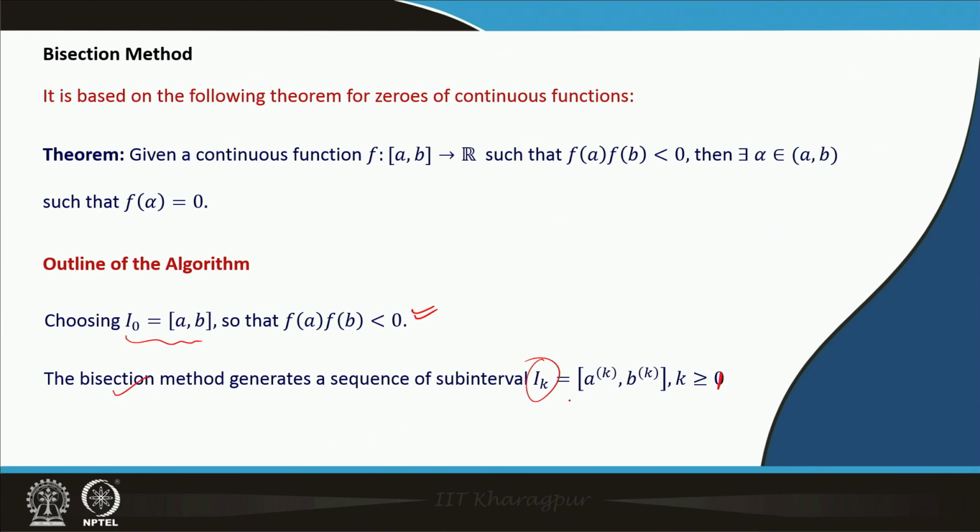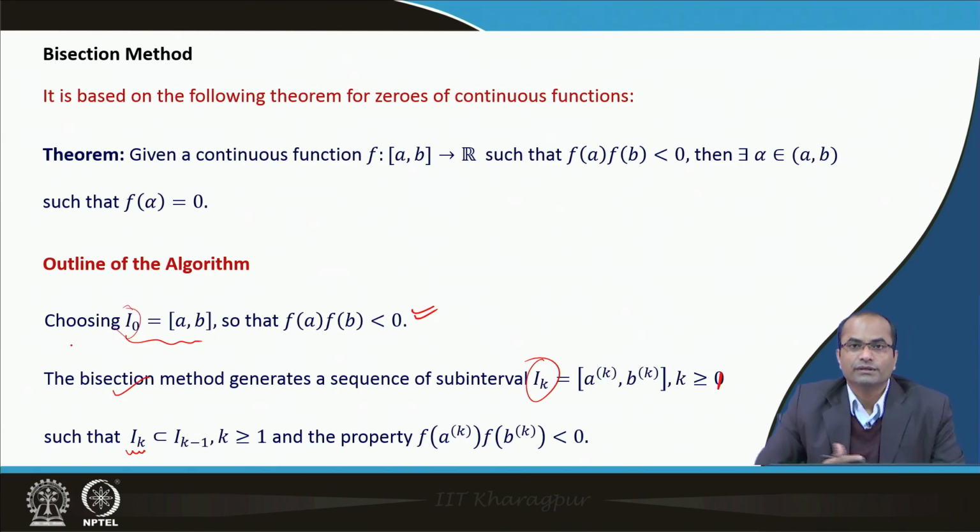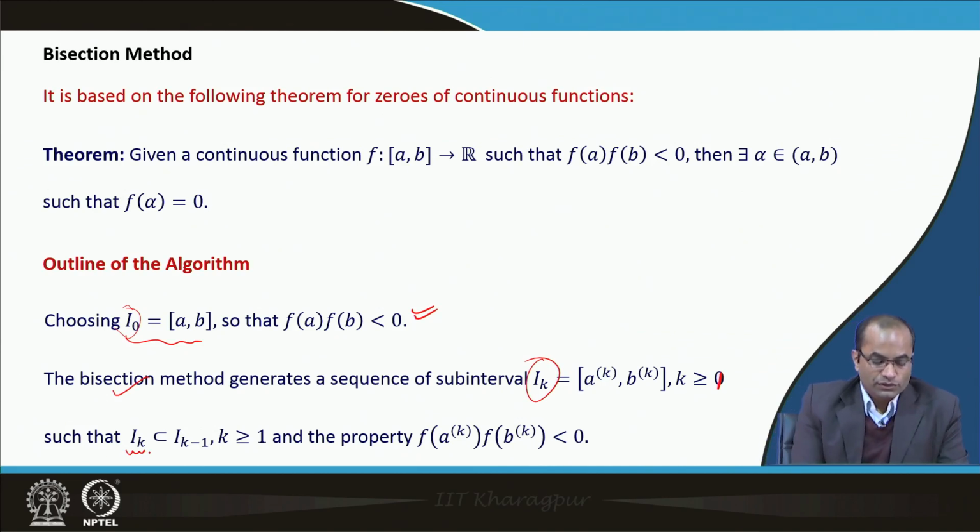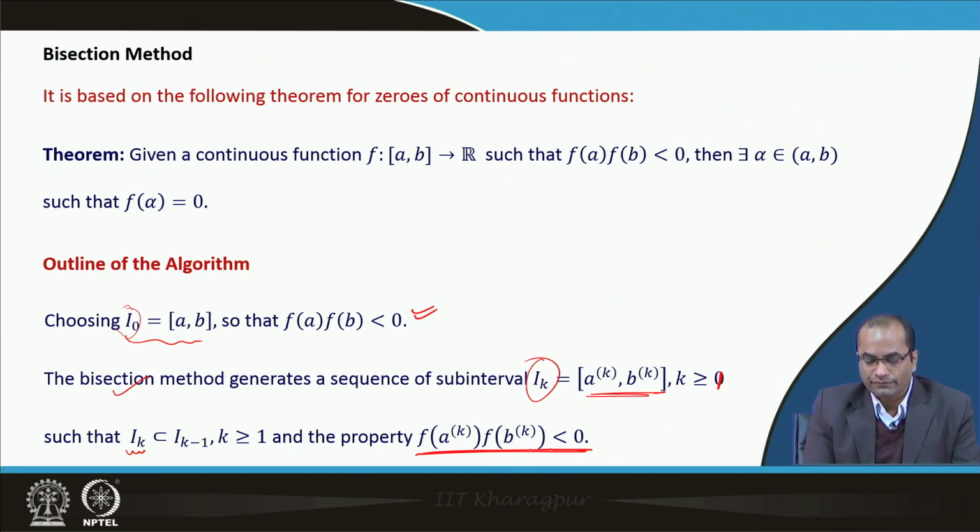So, we will go for the sequence of subintervals, and the property of these subintervals is that each subinterval will be a subset of the earlier one. For example, I_1 will be a subset of I_0, and I_2 will be a subset of I_1, and so on. So, basically we are narrowing down the interval, and the property of these intervals is that every time, for the end points, f(a_k) f(b_k) is less than 0.